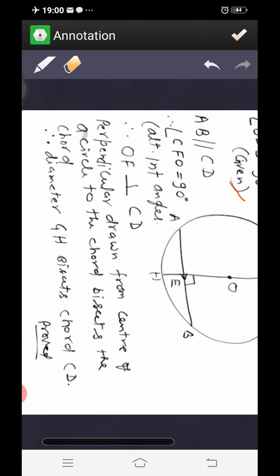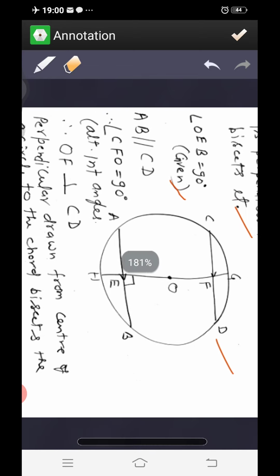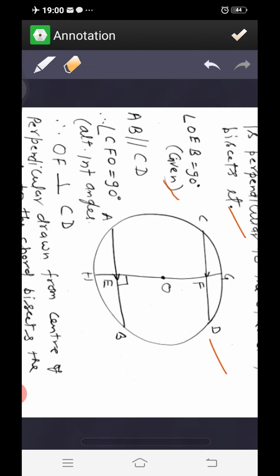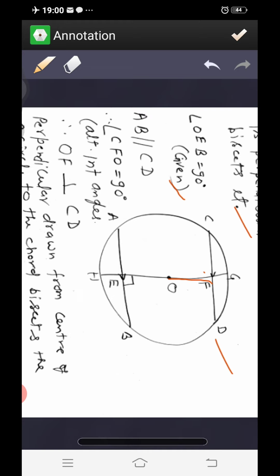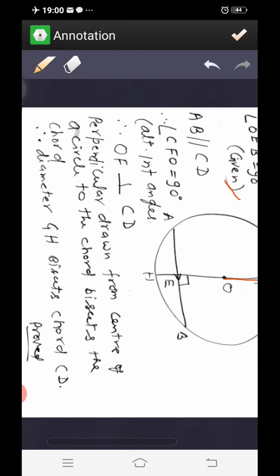So OF is perpendicular to CD. Now we know that a perpendicular drawn from the center of the circle to the chord bisects the chord. Therefore diameter GH bisects chord CD. This we have to prove.